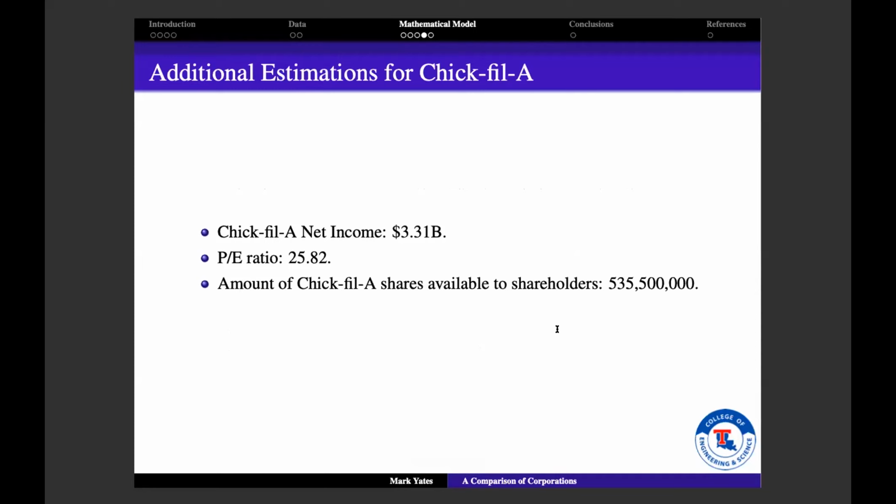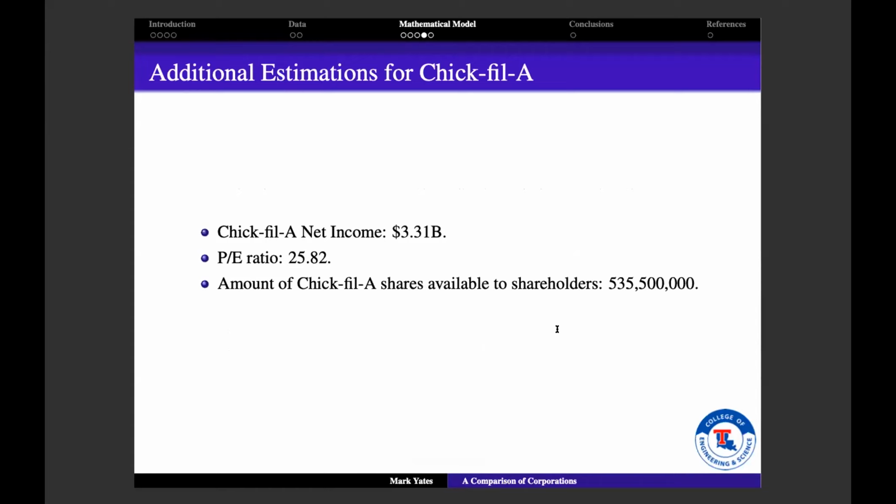What I had to do was look at the net income. I needed the net income, but I didn't have that. So I looked at the relationship of McDonald's and Yum Brands, their relationship of the net income and the EBIT. It turns out that McDonald's EBIT was exactly 1.5 times larger than the net income. Yum Brands' EBIT was 1.49 times larger than the net income.